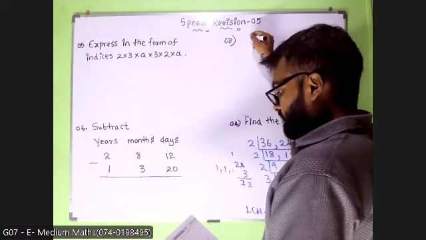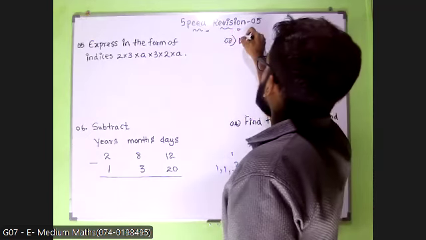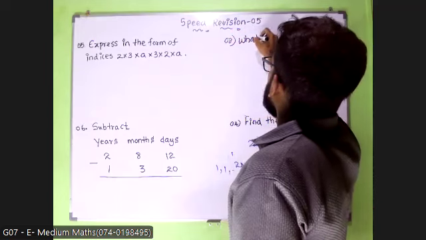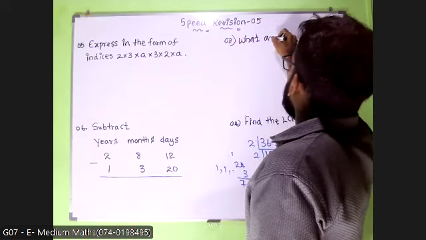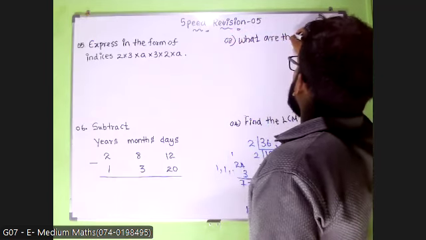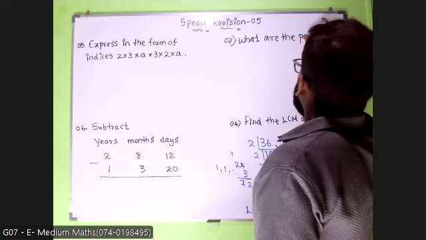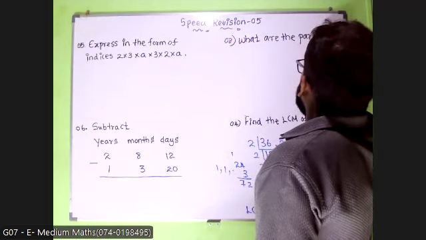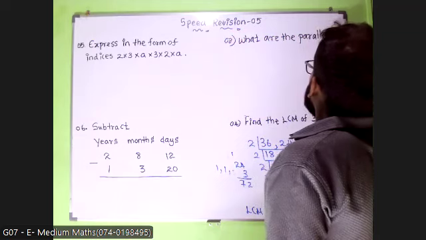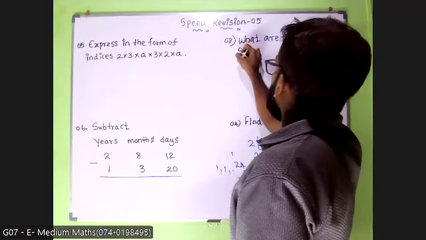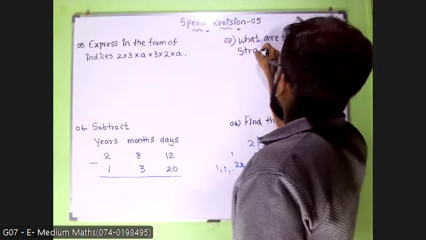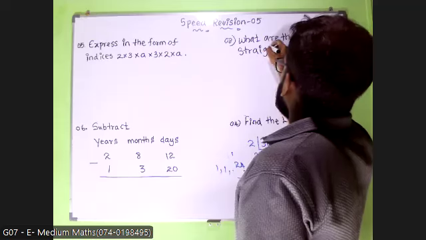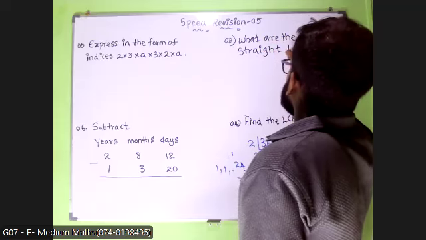What are the parallel straight lines in the figure? So what are the parallel straight lines?